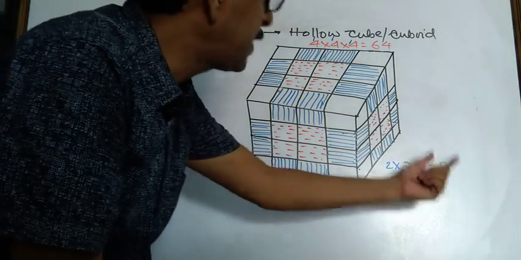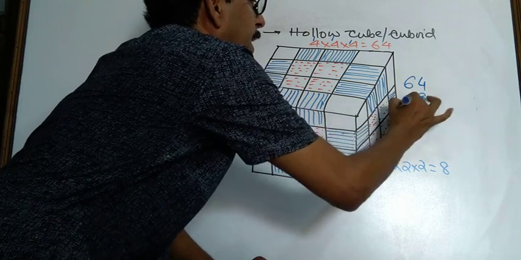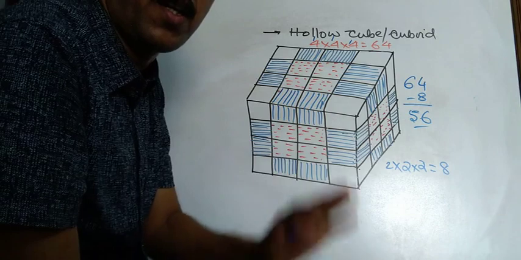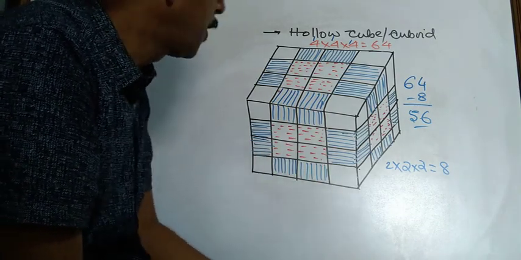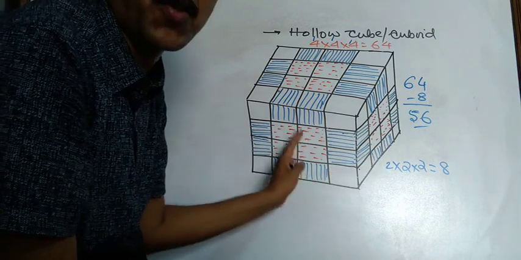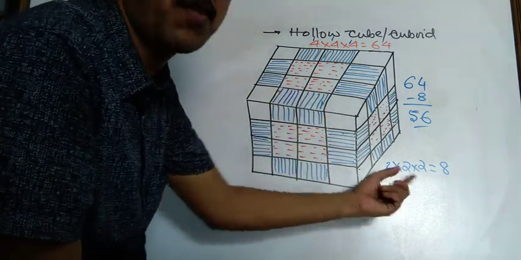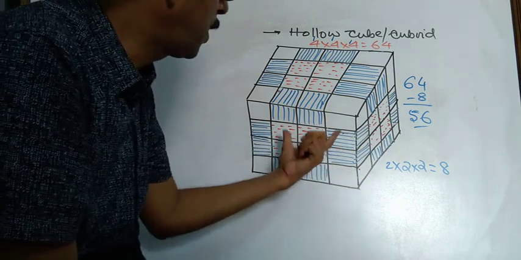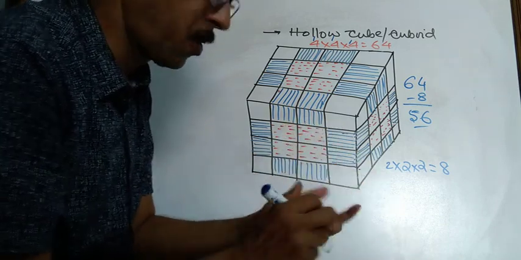Now if you remove this 8 from the total, 64 minus 8 makes 56, and that is the total number of small cubes required to make this a hollow structure. So whatever is inside, that inner volume has to be subtracted, and that becomes the total number of small cubes required to make the structure hollow.